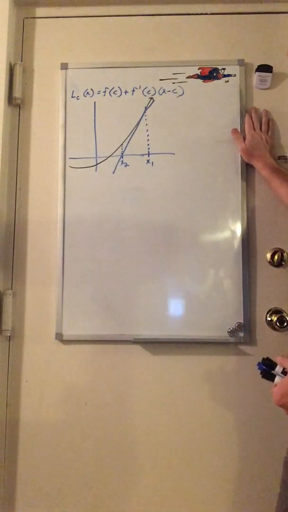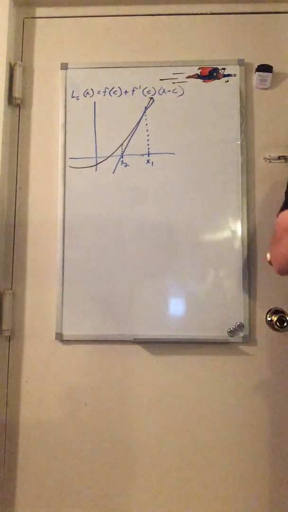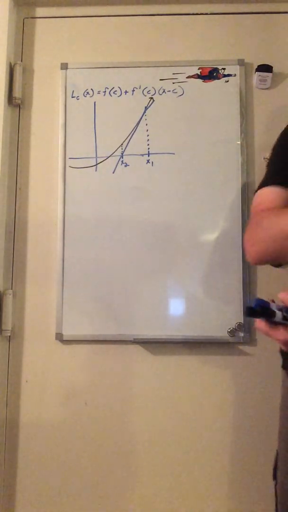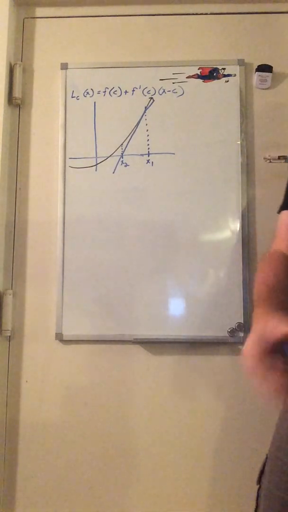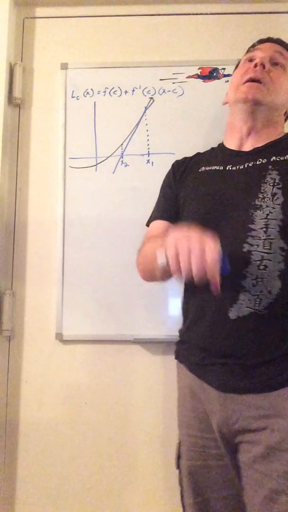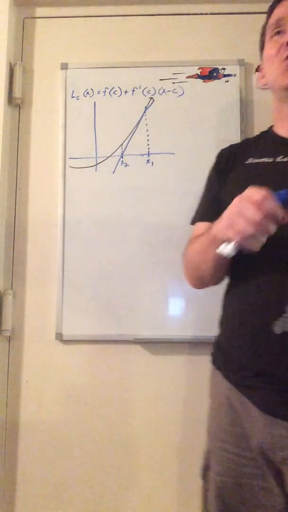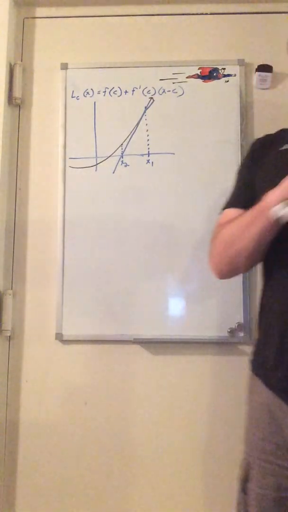Suppose we use this as an approximation, but the question becomes, that's great, why do I actually care about that? I mentioned in the last video, one issue is nowadays we have computers and calculators that can do all the work for us.